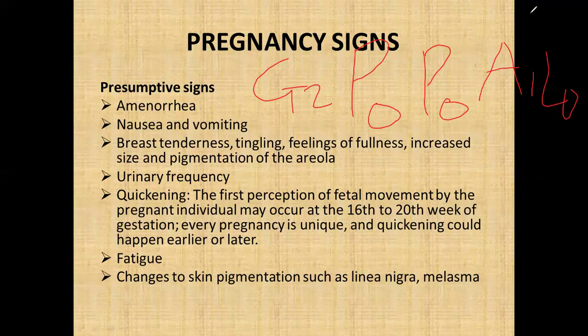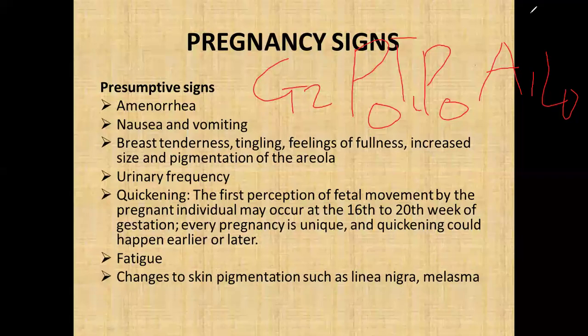I only wanted to stick to gravidity and parity. And so I think you are left with PTAL, that is 10. So you can decide to also represent it this way. Anyone who sees this will know that this person had 2 pregnancies, including the current one. Of these 2 pregnancies, none of them had been carried beyond 20 weeks.